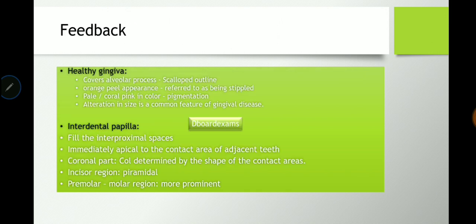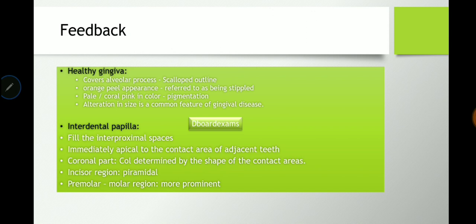So our feedback here, healthy gingiva, as I mentioned, you have to know this, covers the alveolar process, has a scalloped outline, has an orange peel appearance, which is also referred to as stippling. Okay. It is pale, coral pink in color. All right. Now, it may be pigmented, like physiologic pigmentation in African Americans or other people in South America, for example, in Africa.